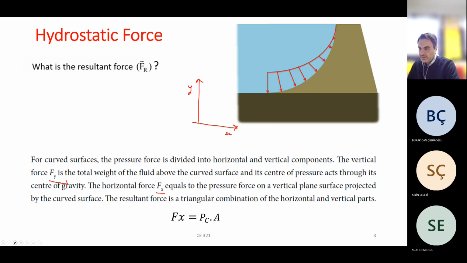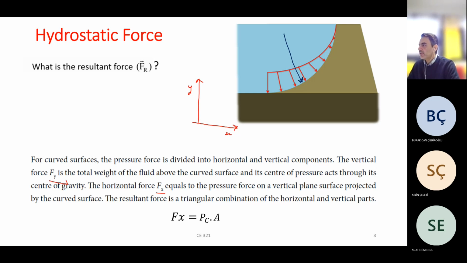What I mean by vertical and horizontal force, let's show here with another color. For example, this is the resultant force of this pressure diagram.